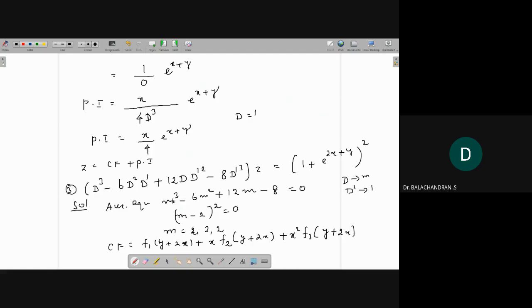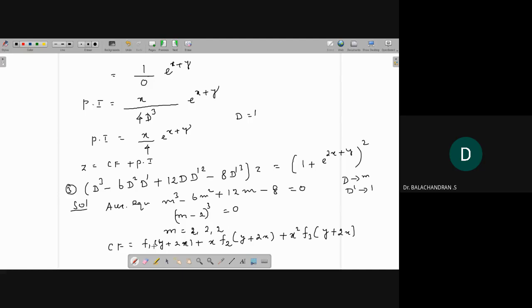So you'll get m cube minus 6m square plus 12m minus 8 equal to 0. So this is of the form a minus b whole cube, not whole square. So m minus 2 whole cube equal to 0. So m equal to 2, 2, 2. So the roots are repeated.